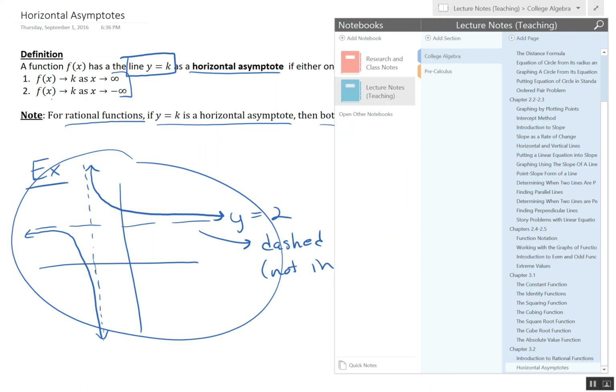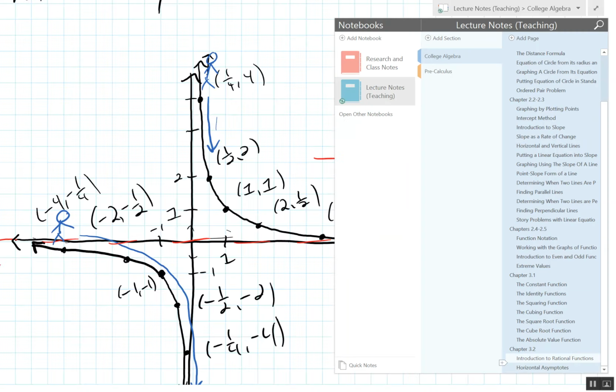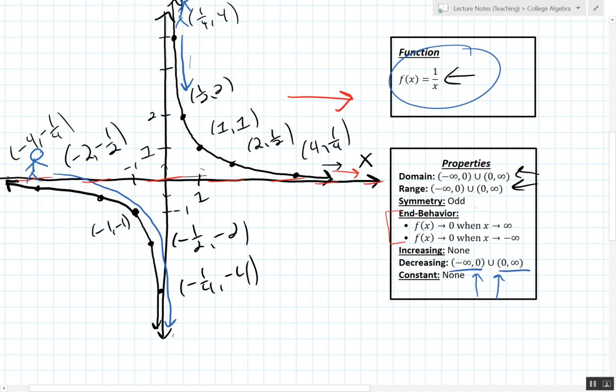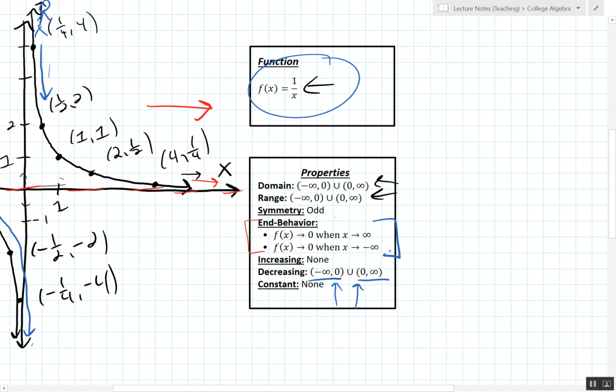Now if we go back to our two examples from the previous video, notice that this end behavior here says that y equals 0 is a horizontal asymptote for this function.